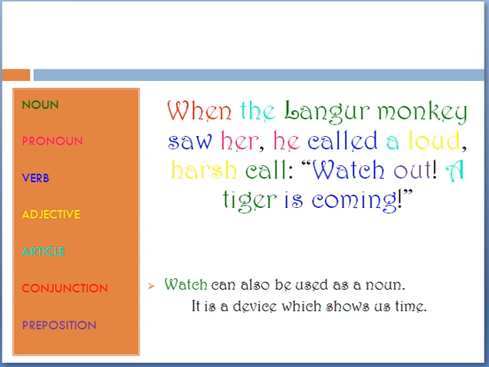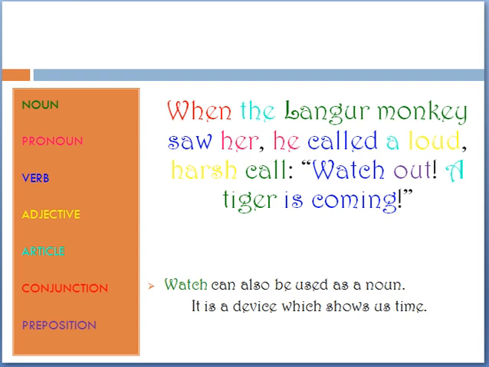See, there are two actions going on. First, the seeing of the tiger by the langur monkey, and the second one is calling out a loud, harsh call. These two actions are happening at the same time, and they are joined with this word when, because it is happening at the same time.